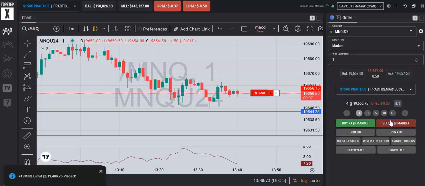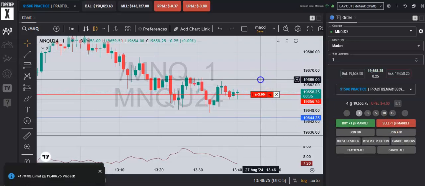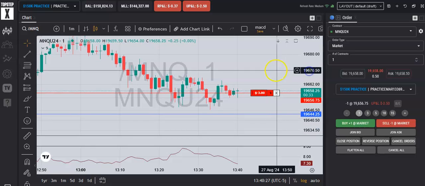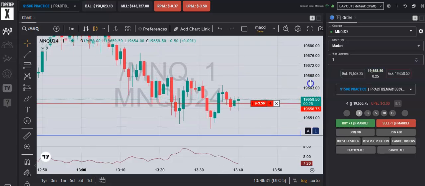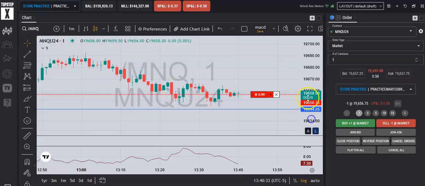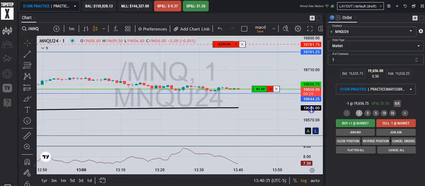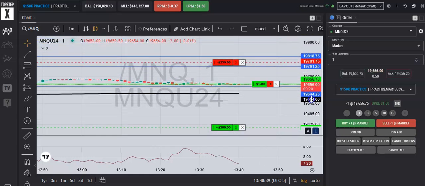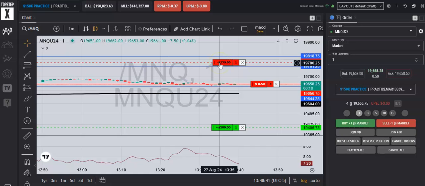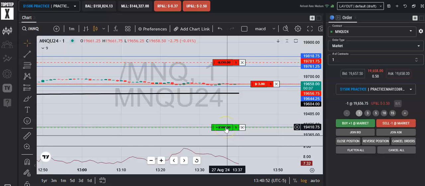Let's just go down. I'll put a sell order on this candle, and then I can illustrate some things while I'm talking. I'll just minimize this down. Remember I said there's a bracket order on here. So you can see here is my stop loss, $250, and here's my take profit way down here.